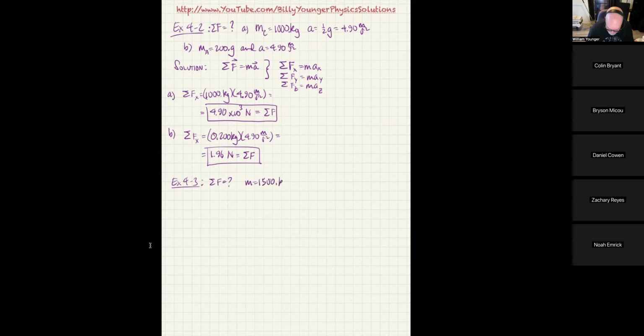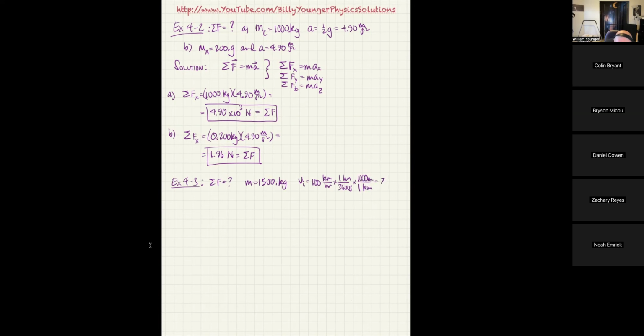I'm going to put a dot next to the zero so we can treat that as if it has four sig figs. The initial velocity is 100 kilometers per hour, and we know that 1 hour is equal to 3,600 seconds, and we know that 1 kilometer is equal to 1,000 meters.